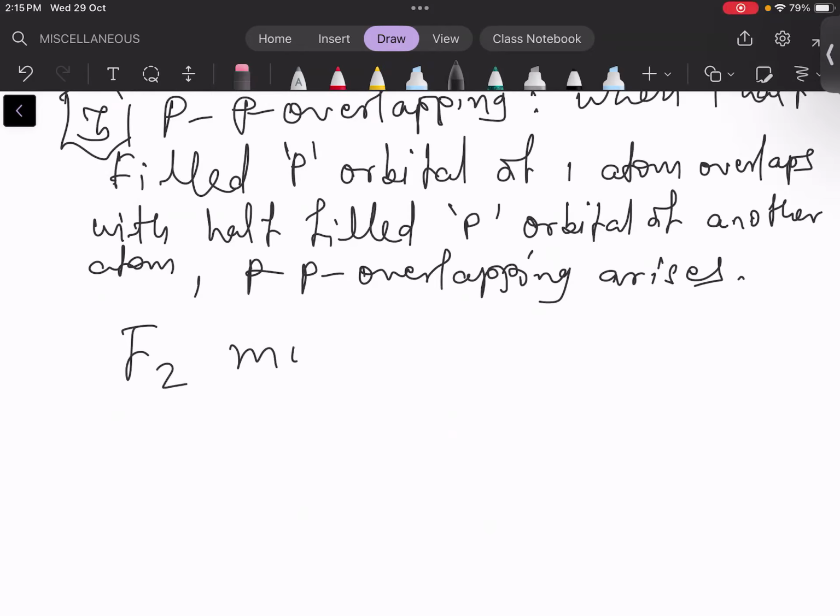For example, formation of the F2 molecule.